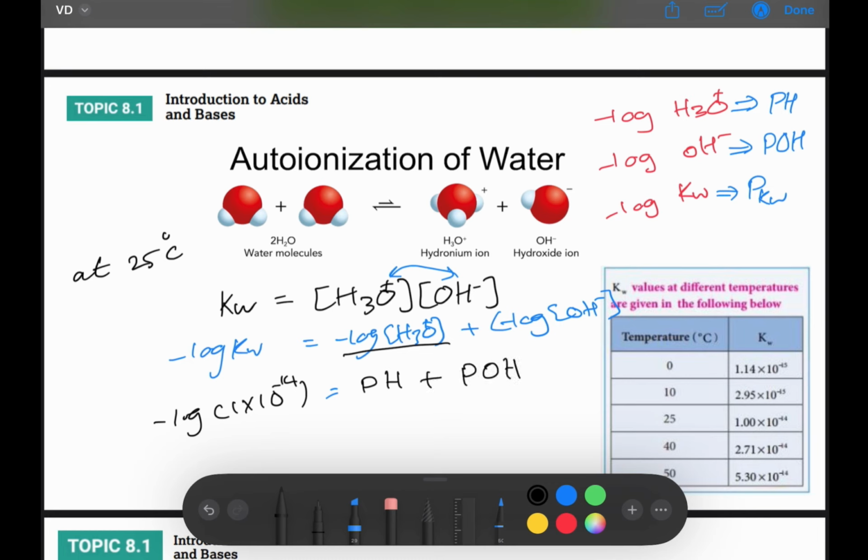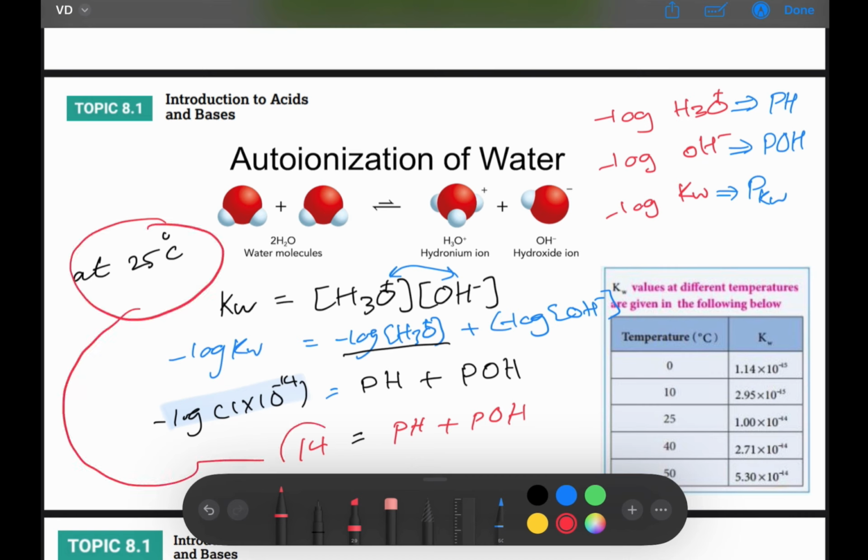If you calculate the negative log of 10 to the power negative 14, the answer is 14. So keep in mind the summation of the pH plus the pOH at 25 degrees Celsius is equal to 14. And now we know where the 14 came from. It came from the Kw at that point.